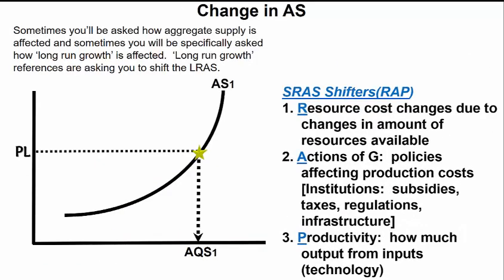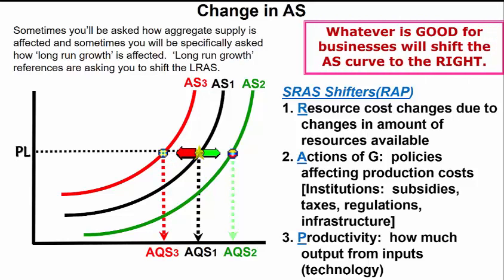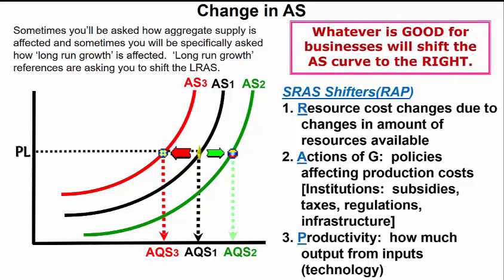Okay, now let's look at the actual shifters of the aggregate supply curve. The aggregate supply curve is going to shift anytime resource prices change, anytime the government implements policies that affect business, or anytime productivity changes.